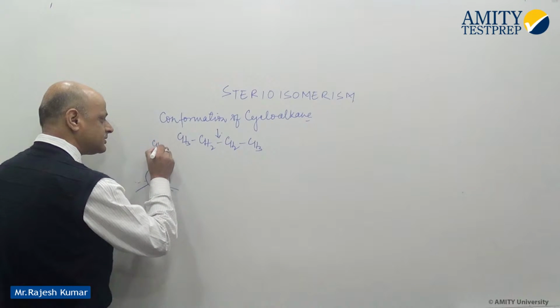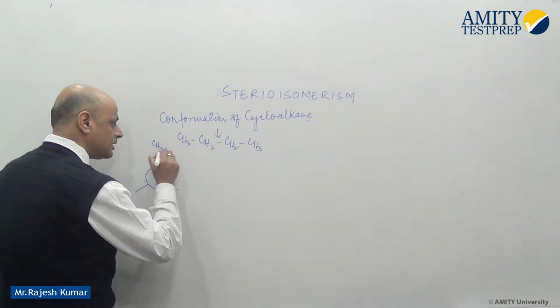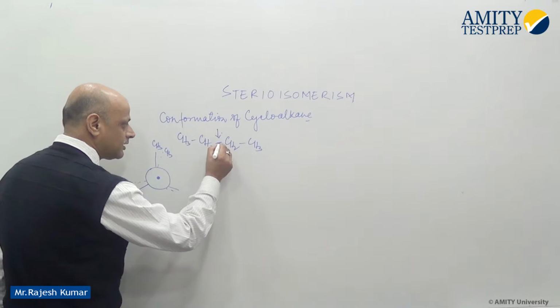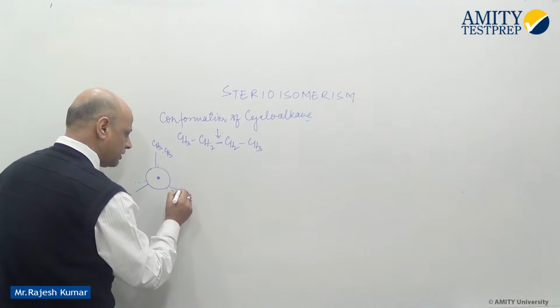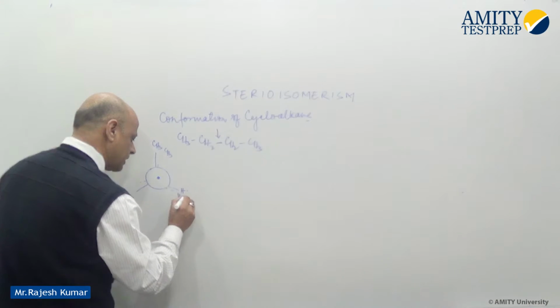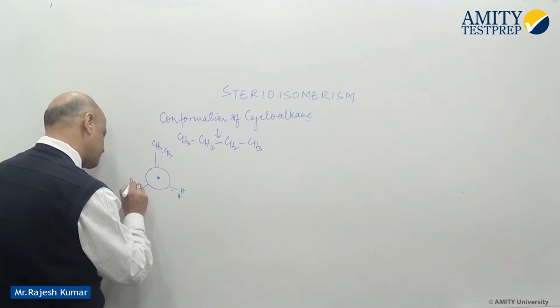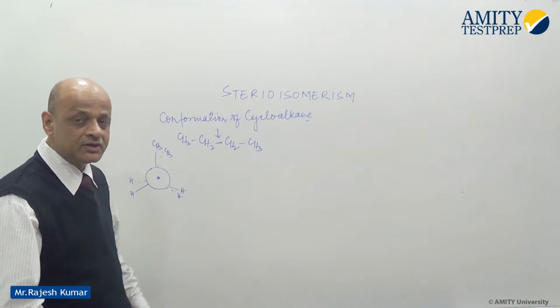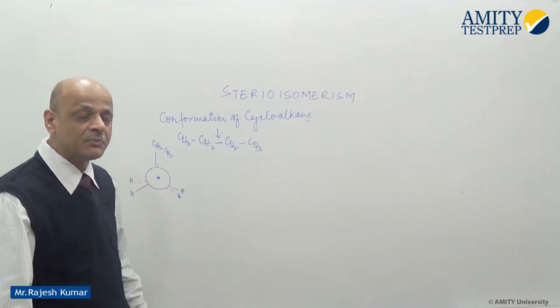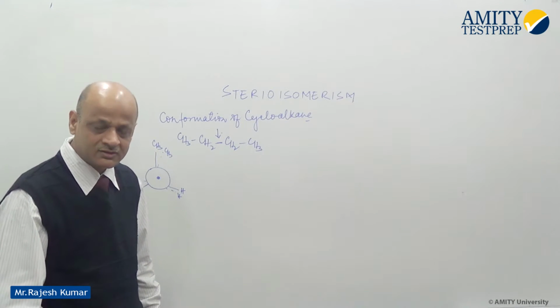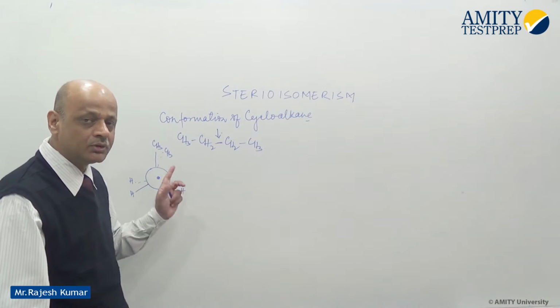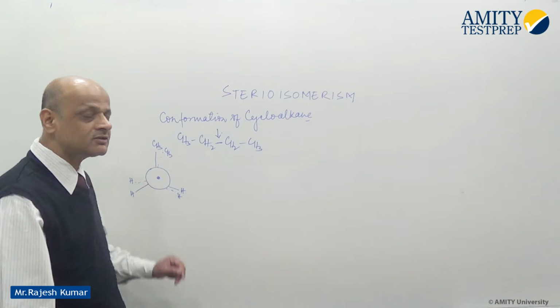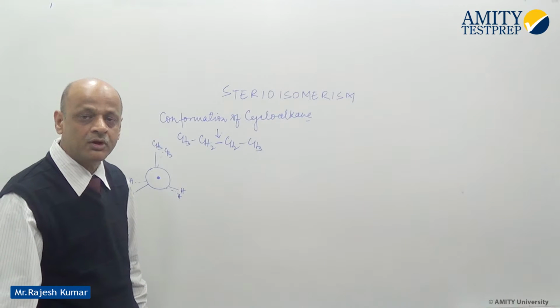This is your CH3 and CH3. Both bulky groups are present side to side, at the nearest approach. Due to this, both bulky groups are near each other. That's why there is steric repulsion or strain between the two bulky groups, and there is also torsional strain between the bonded pairs of electrons.